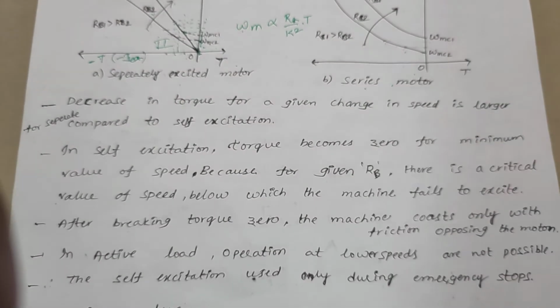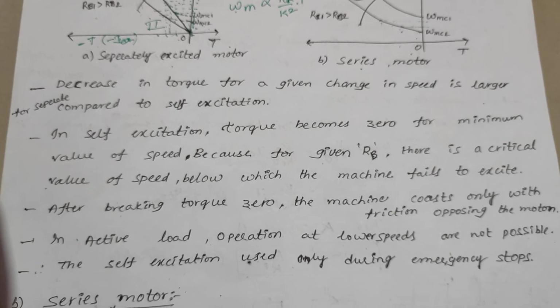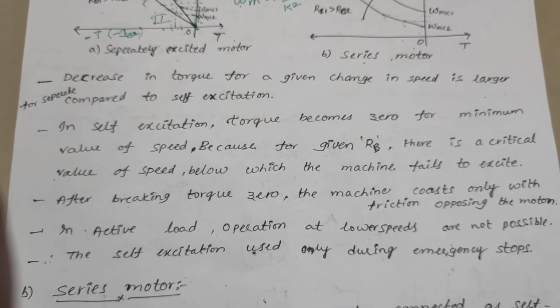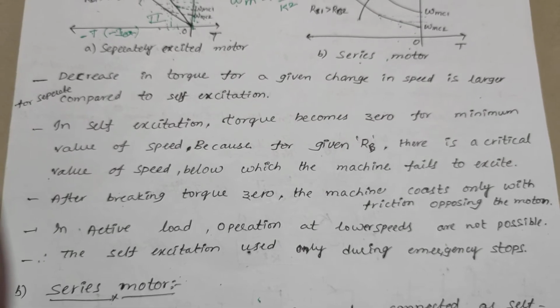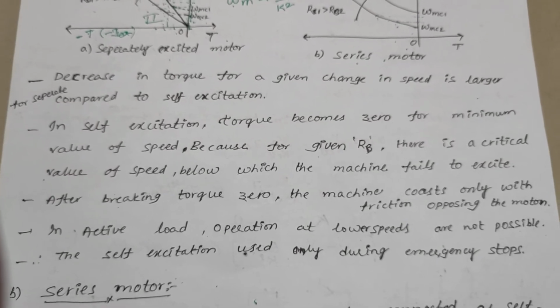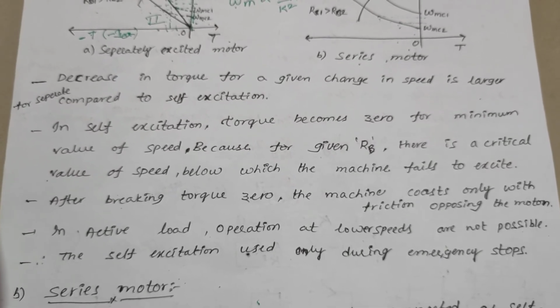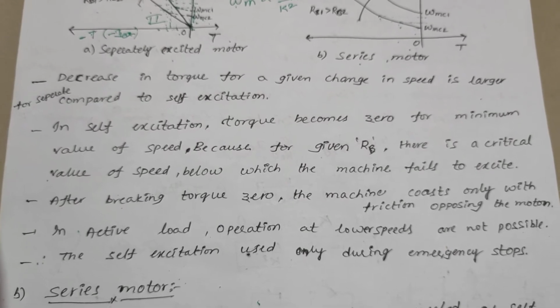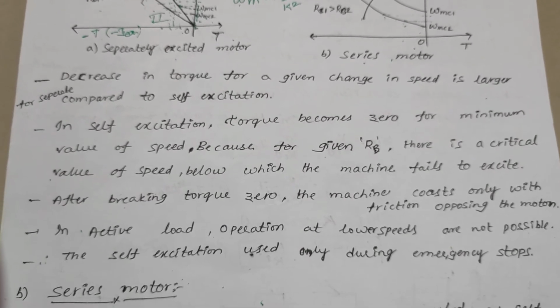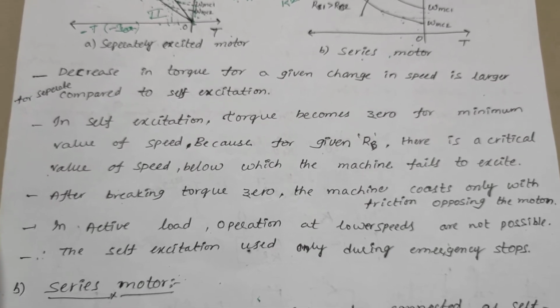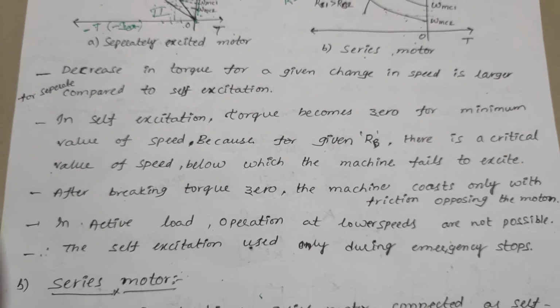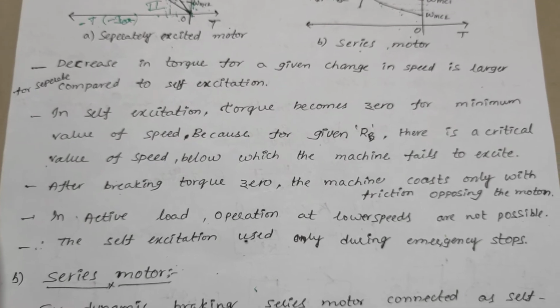So in self-excitation, the torque becomes 0 at a minimum value of speed. Because for the given value of RB, there is a critical value of speed which is required to bring the machine into self-excitation. Otherwise, it fails to self-excite. That critical speed is the minimum speed.